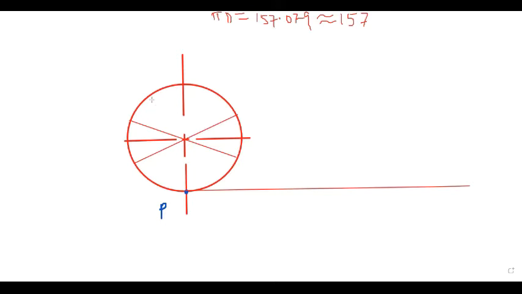And another, draw 60 degrees. By protractor or by 30-60 set square, you can get it. So this angle and this angle will be 30 degrees, and this angle and this angle also 60 degrees, this angle also 60 degrees, and this angle also 60 degrees. Clear?